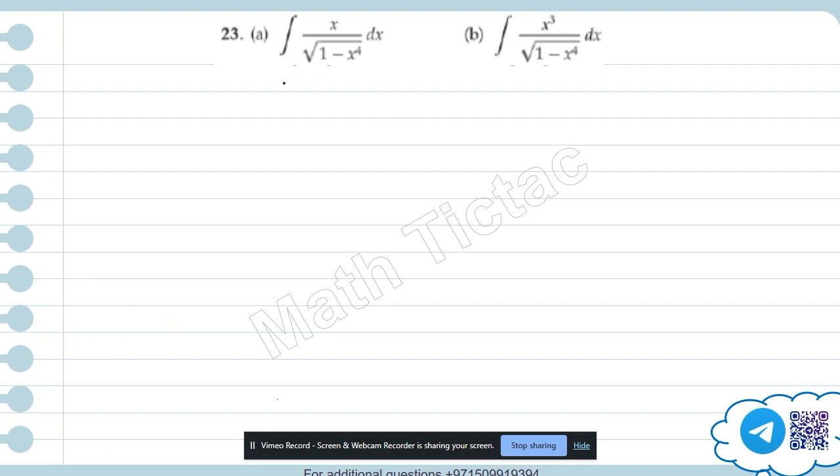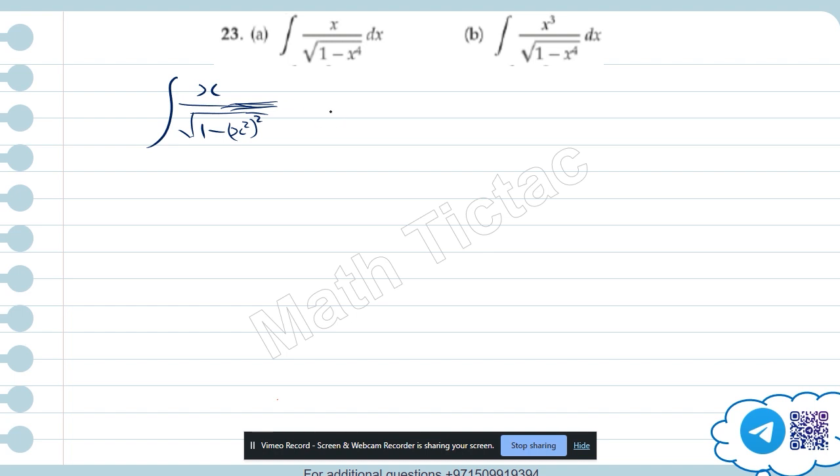In here, questions 23, A and B, we have solved this in class actually, but I'll solve, for example, let's say this one. So in here, the integration of x divided by square root of 1 minus x squared squared.